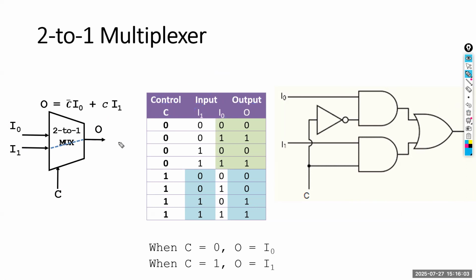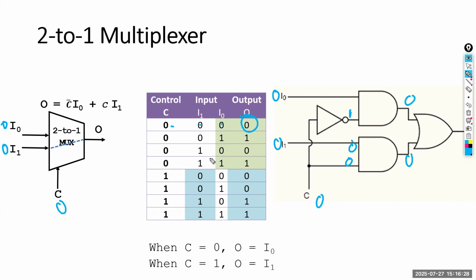And if you take any combination, like this is 0, this is 0, this is 0, that means 0, 0, 0. So then what happens? This is 0, this is 0, this is 1, 0.1 is 0, 0.0 is 0, 0 or 0 is 0.